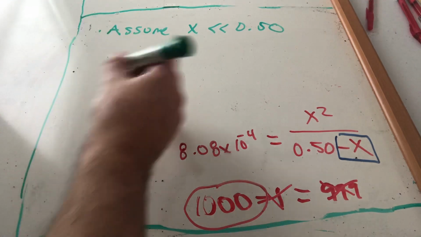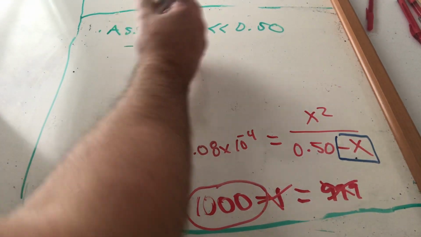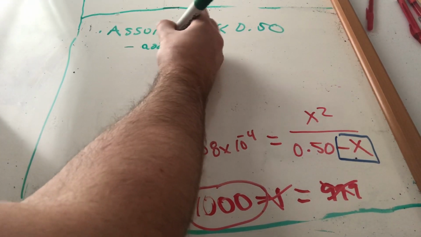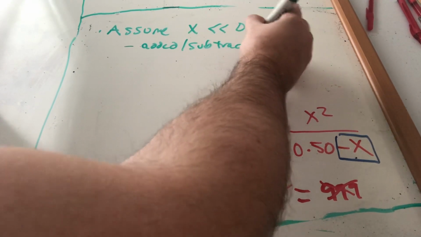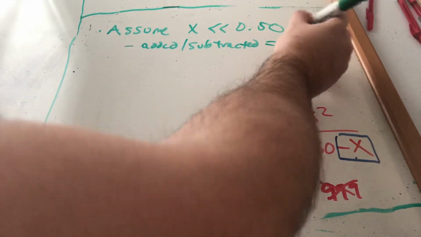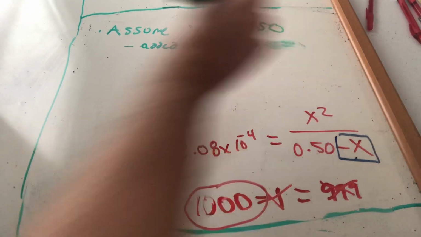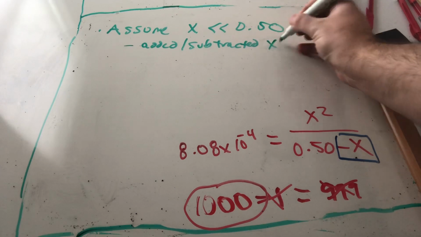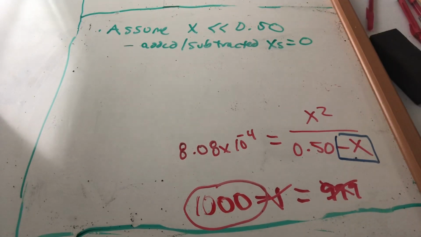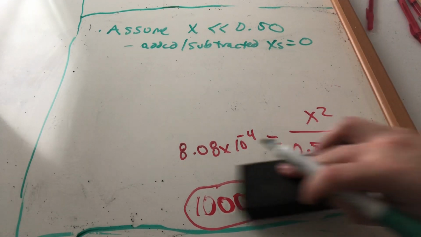All right. So that means that we're going to assume that added and subtracted x's are actually equal to 0. Oops, sorry. Added and subtracted x's are equal to 0. We can't do this with multiplicative x's, right?